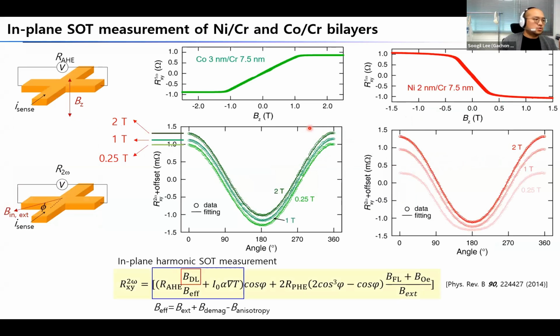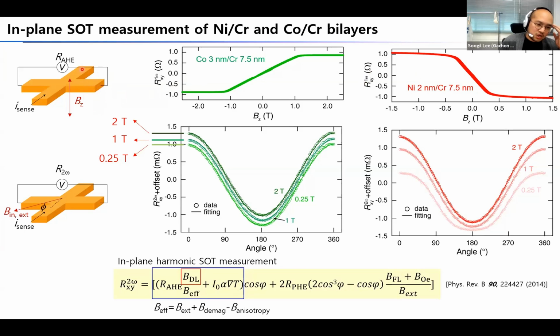And this slide shows the experimental results of the anomalous Hall effect and in-plane second harmonic measurements. These two graphs show the anomalous Hall effect. The x-axis is the perpendicular magnetic field, and the y-axis is the first harmonic Hall resistance, which corresponds to the anomalous Hall resistance of the cobalt chromium and nickel chromium bilayers.